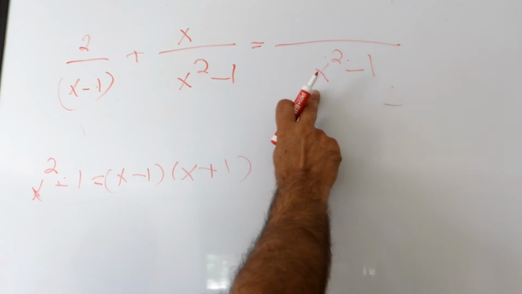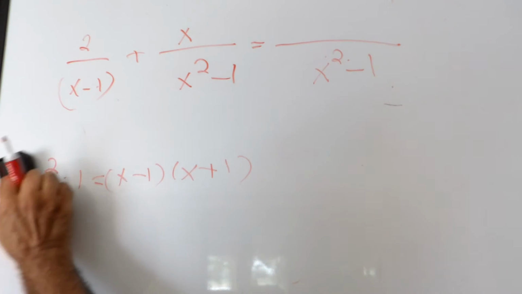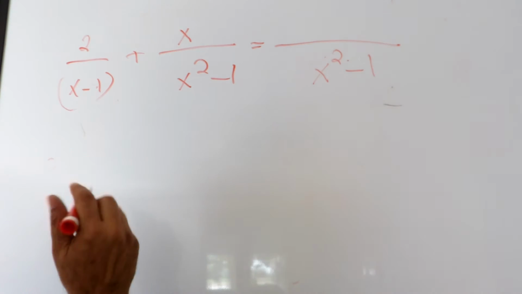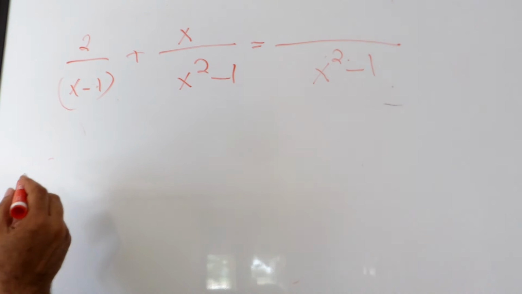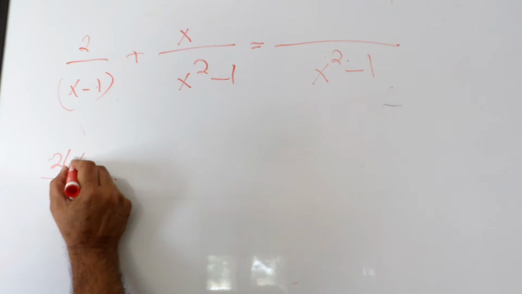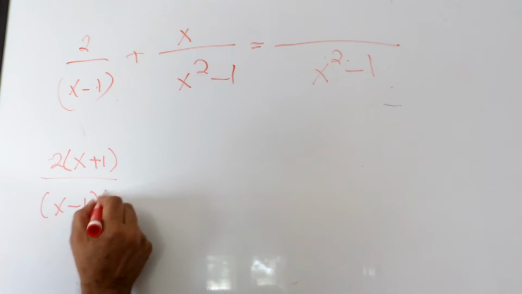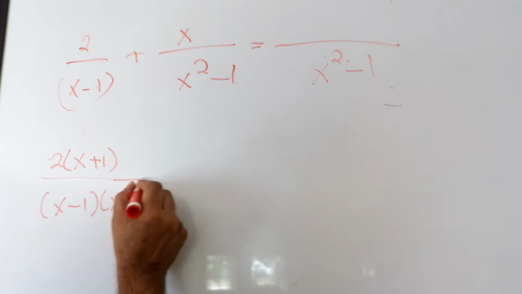And when you have something like this, one way to solve it, if we multiply both sides of this one by x plus 1, we have x minus 1 here times x plus 1.